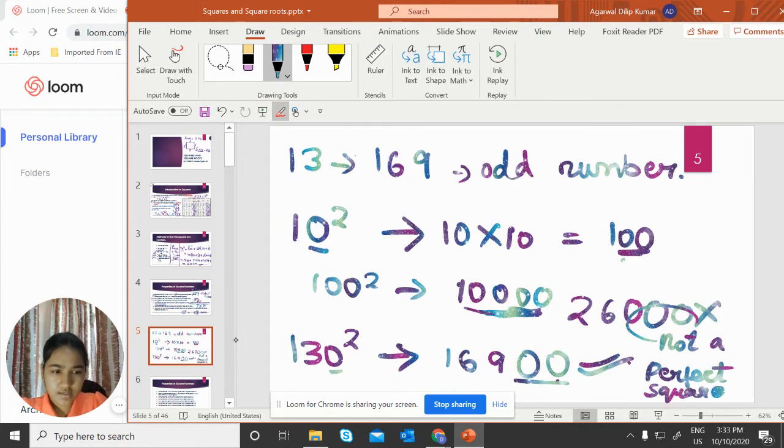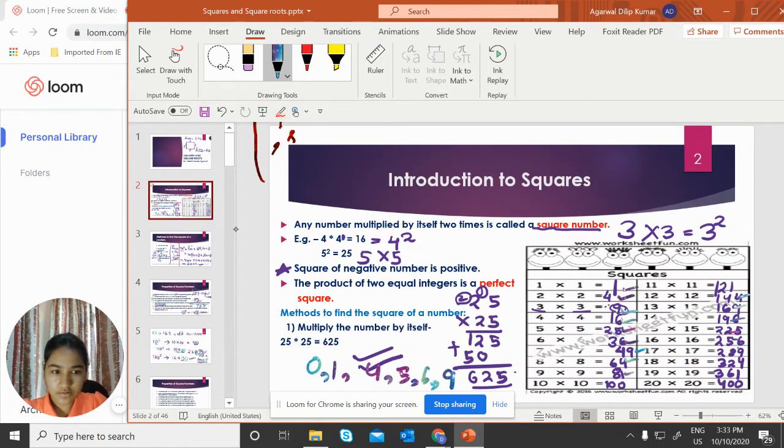Because you see, there are 3 zeros. A perfect square can never have 3 zeros, because it's an odd number; it will always have an even number of zeros. See, in the square of 420, it's 2 zeros, an even number of zeros. In the square of 10, also in the same way.